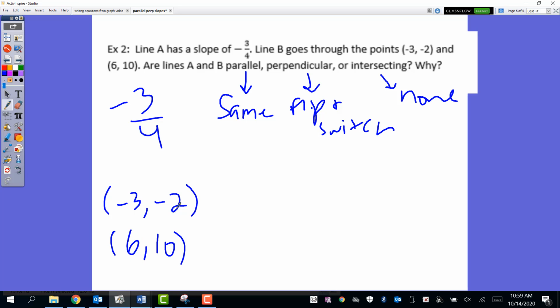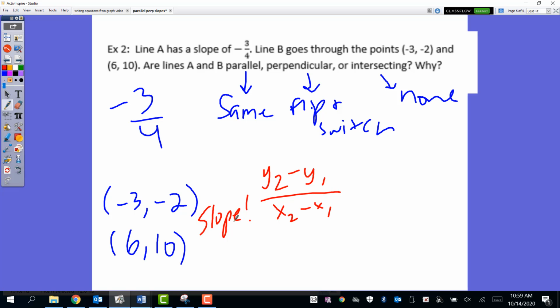Okay, so what am I going to do with these points? Well, I'm going to find the slope. The only way I can tell if they are parallel, perpendicular, or intersecting is by knowing the slopes. So I need to find the slope. How do I find the slope between 2 points? Well, I'm going to use the formula y2 minus y1 over x2 minus x1.